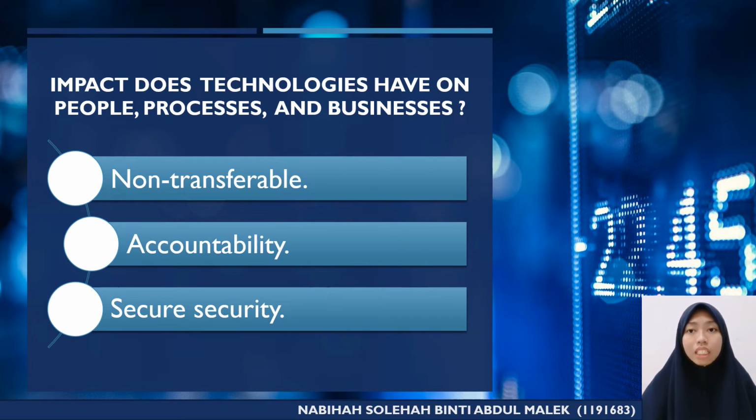The last one is secure security. One area that can be applied in the workplace is identifying workers using biometric measures. These are an option for companies who are looking to strengthen the security of their network. Palm recognition biometrics is an advanced form of authentication technology to prevent unauthorized access.